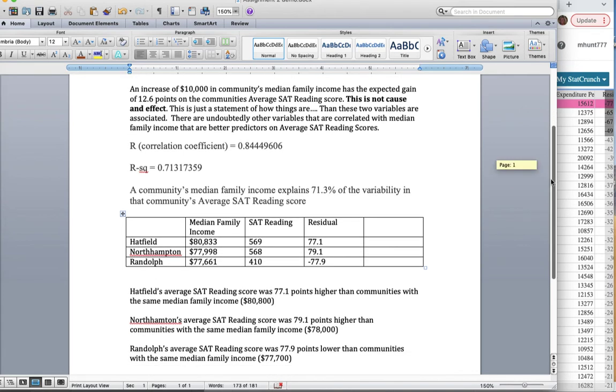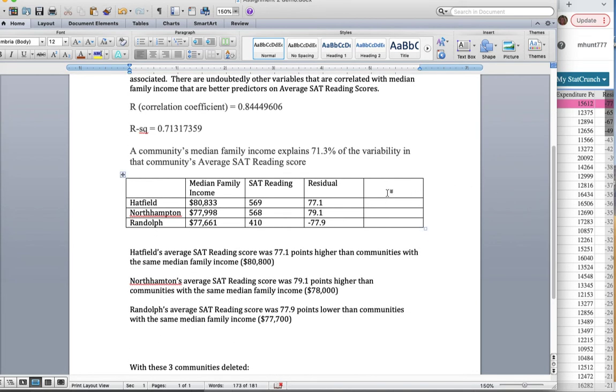So in English, what this is saying, and I've jotted down not the standardized residual, but the residual itself. Hatfield's average SAT reading score was 77.1 points higher than communities with the same median family income, which is ballpark $80,800. Northampton's is also doing very well in terms of the SAT reading scores.